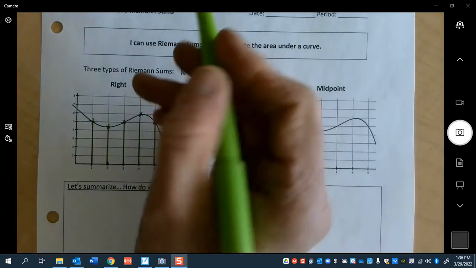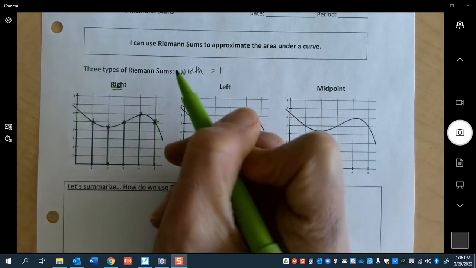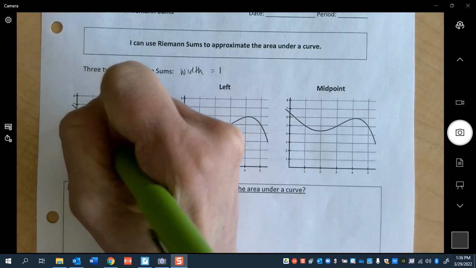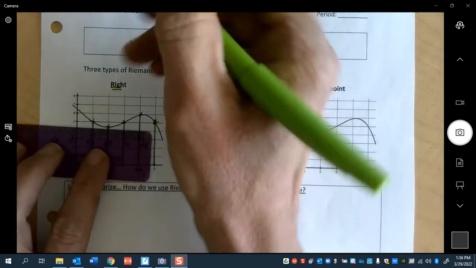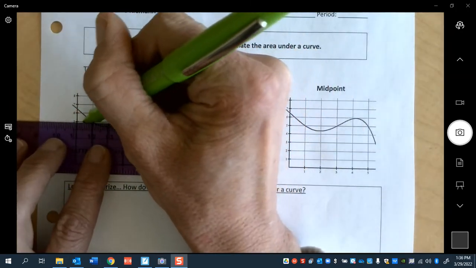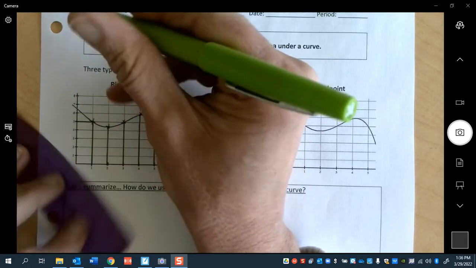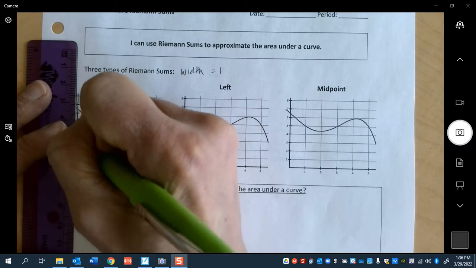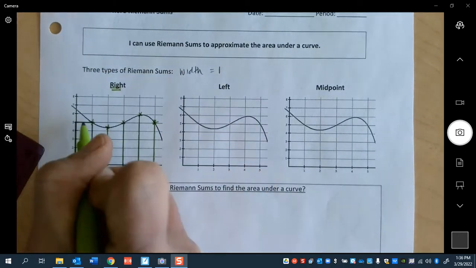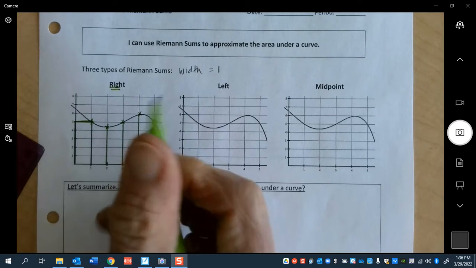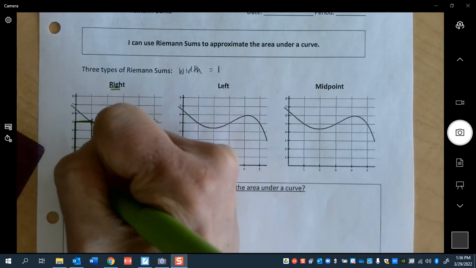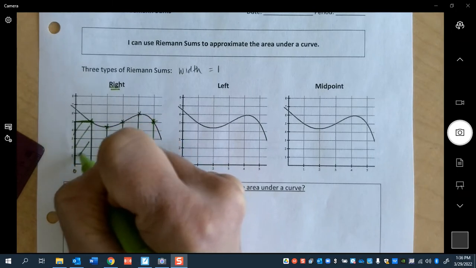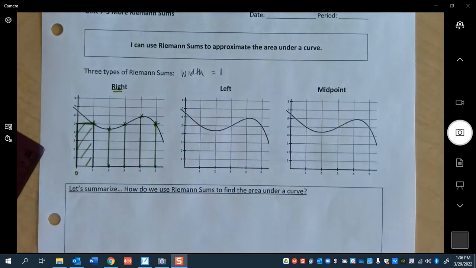If you are drawing a right-hand sum, that means that on your interval, the box you draw touches the graph on the right of the box. And you are to draw a horizontal line from that right touch to the next spot of the interval, and that is going to be the box that you find the area of.